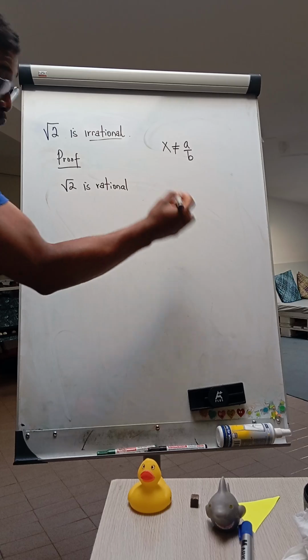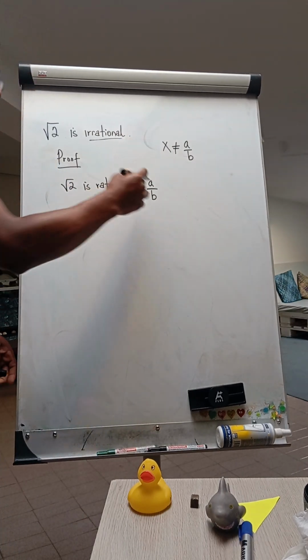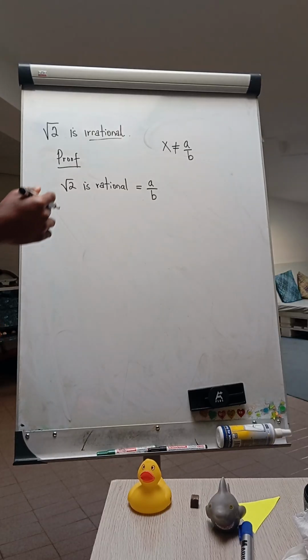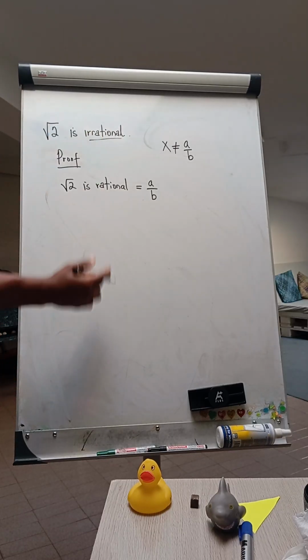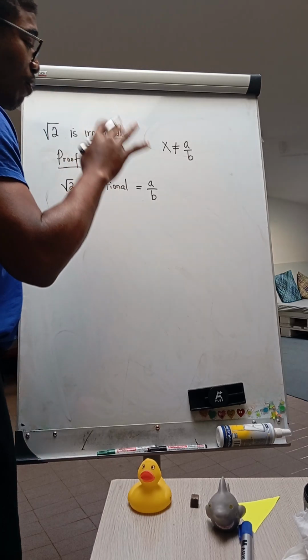So we can assume it equals a over b, for some integers a and b, and this has been reduced to its lowest form.